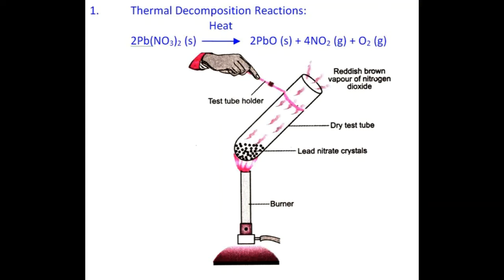It is a decomposition reaction by heat. 2Pb(NO3)2 solid, that is lead nitrate, heat, gives lead oxide, nitrogen dioxide and oxygen gas.